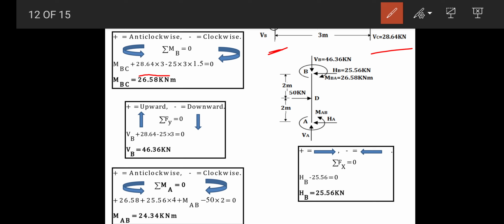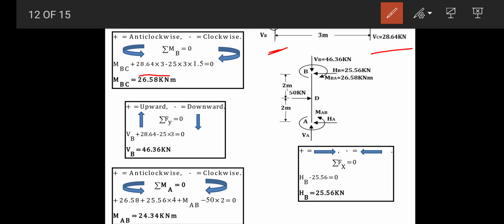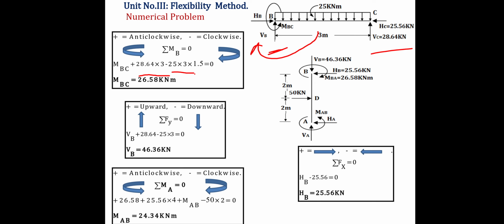So plus 28.64 into 3, and the moment of the UDL of 25 kilonewton per meter. So the point load will be 25 into 3, and the lever arm will be half, so 1.5, and it will rotate in a clockwise sense. So minus 25 into 3 into 1.5 is equal to 0.